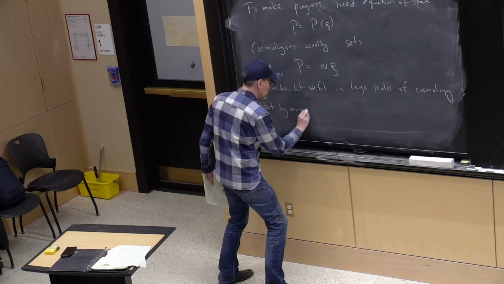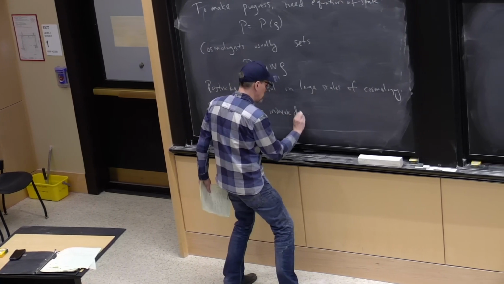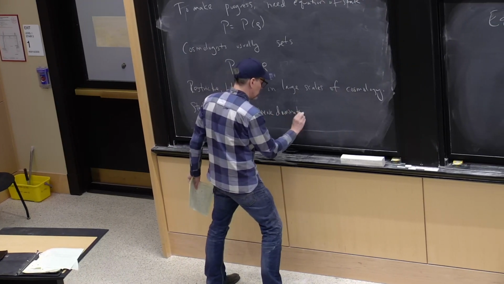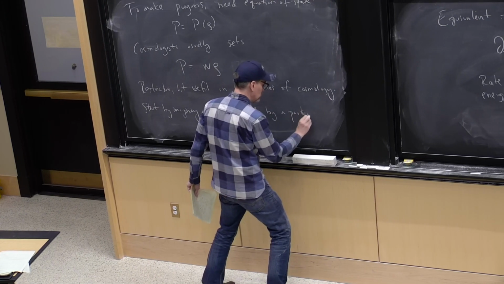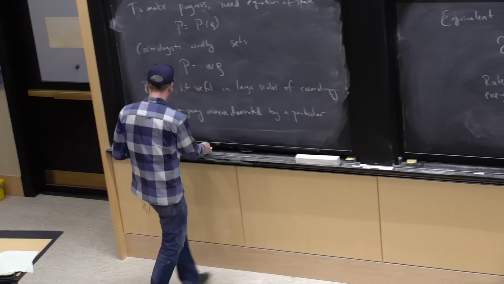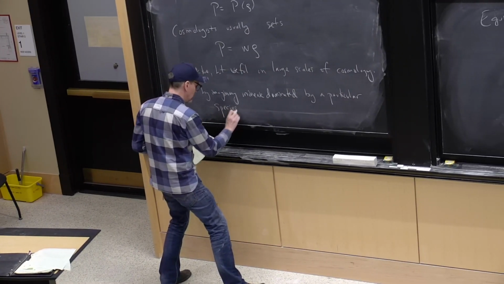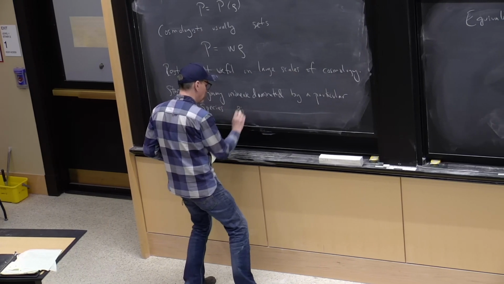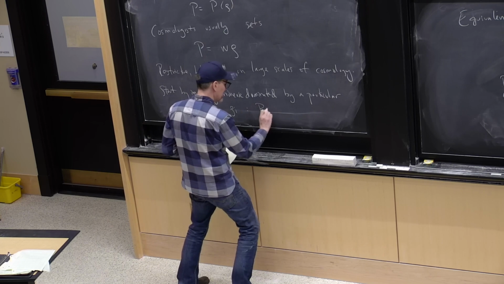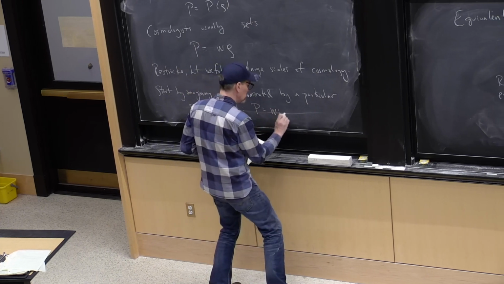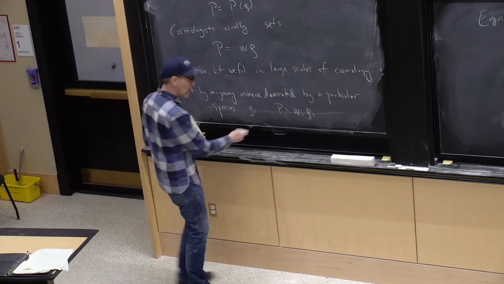So to start, by imagining a universe dominated by a particular, what I will call a species, rho i. And the pressure will be related to this by a particular W for whatever that rho happens to be.